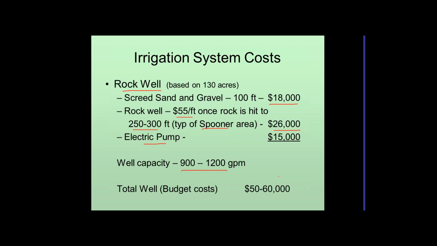So my budget on my well is going to be $50,000 to $60,000 roughly, based on this. Now, in the Central Sands area, it would probably be quite a bit less because one, they don't have to be as deep, and two, you're typically not dealing with much rock.